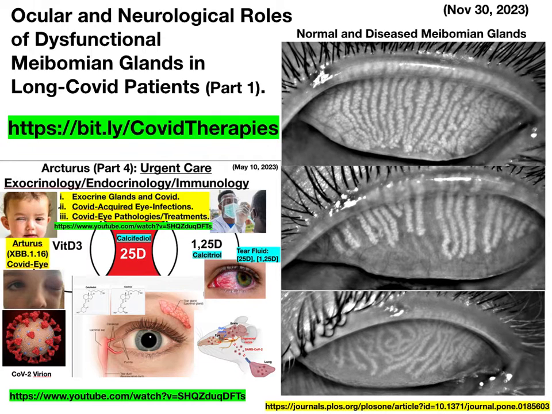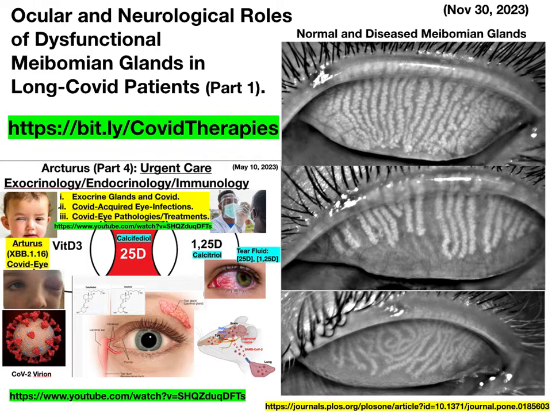Now note in the lower parts of this panel, you see morphologies of diseased or damaged meibomian glands. And we will discuss the importance of these damaged meibomian glands in the context of COVID eye infections.